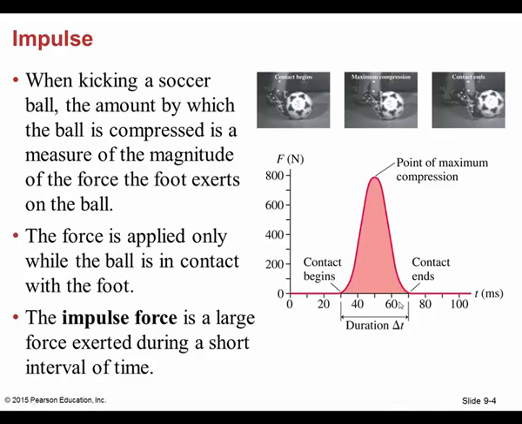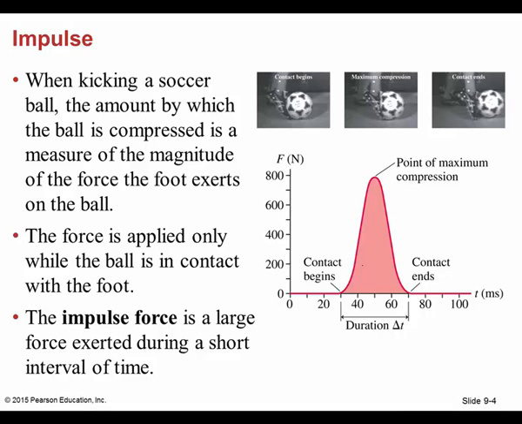And of course, during that time interval, we would see the maximum amount of force achieved by the foot colliding with the ball. Now, what we can do, if we graph this, we can actually integrate all of this area, because when we look at impulse, impulse is actually the integral of the force with respect to time.